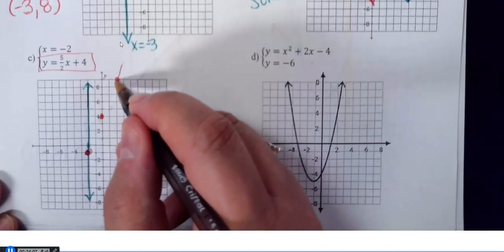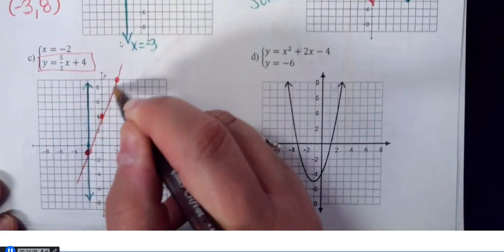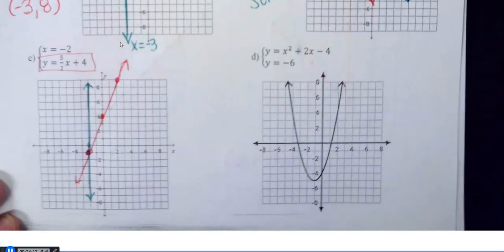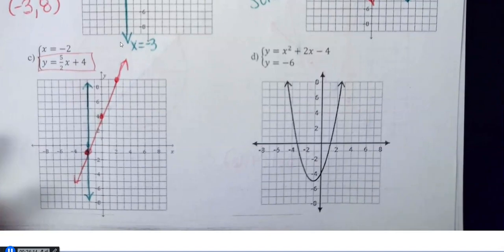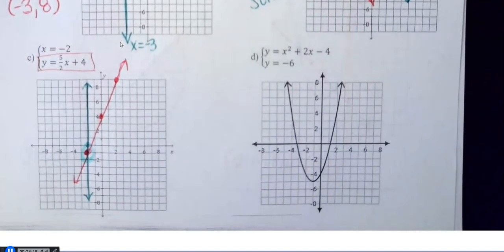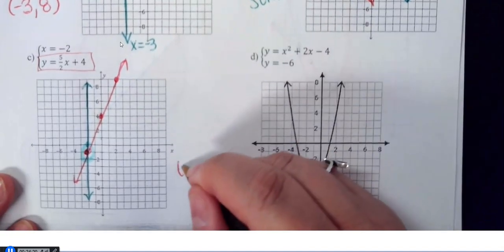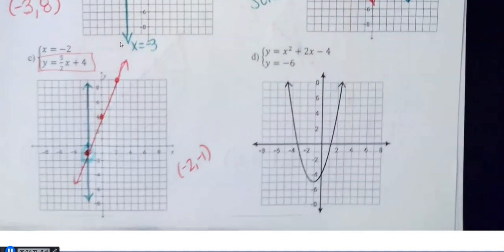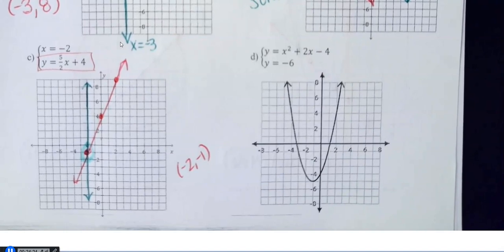So sometimes you might have to back it up to figure out the solution to your system, but you're just trying to figure out the point that those two lines have in common to get your answer. This guy looks like -2, -1. So just one solution there.